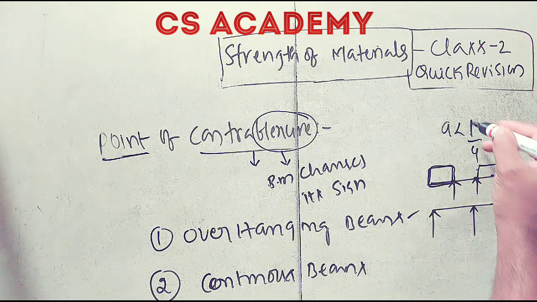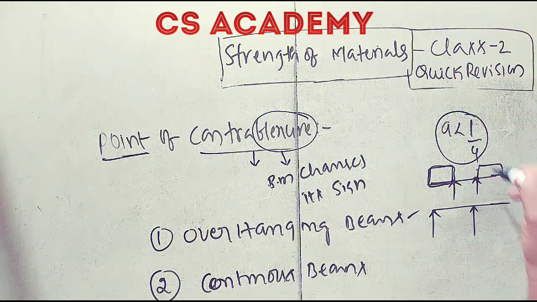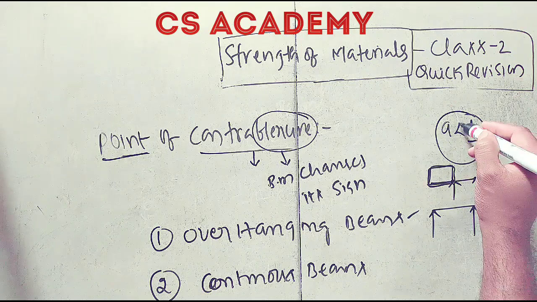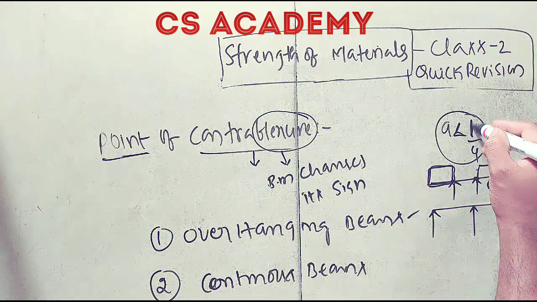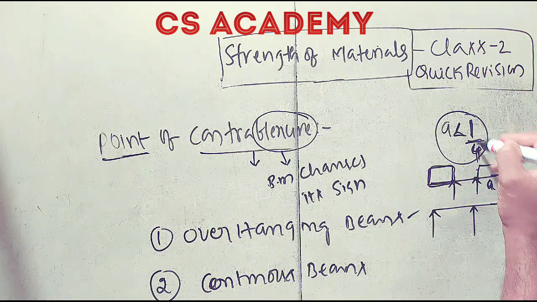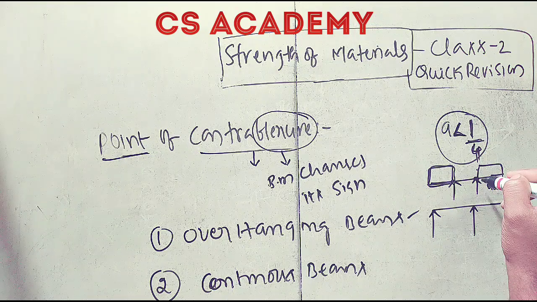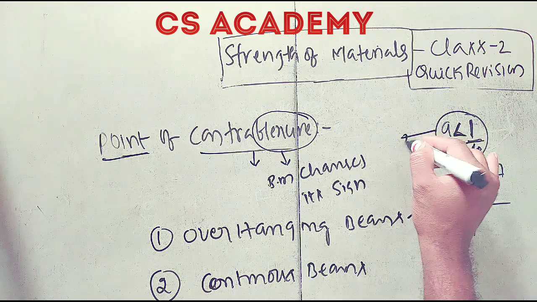Suppose that gap, whatever the distance, is a, and the total length is L. If a is less than L by 4, this will be the point of contraflexure. It happens here.